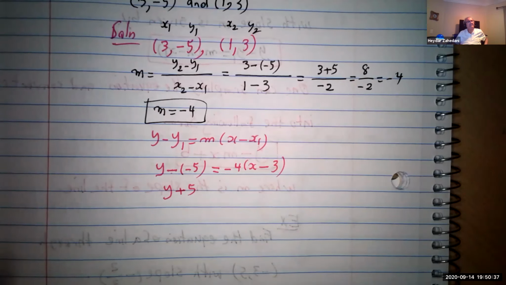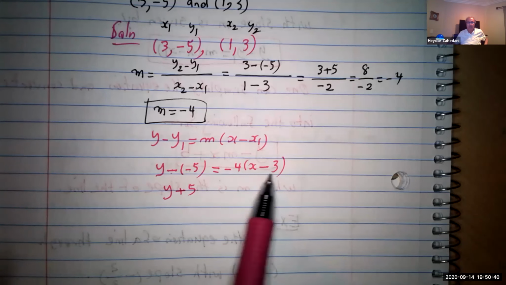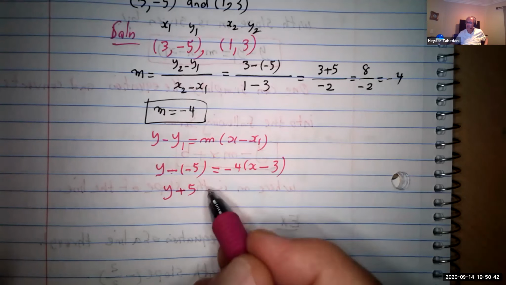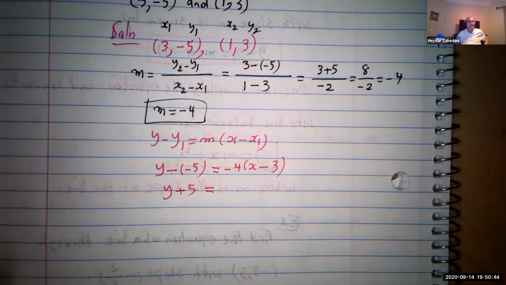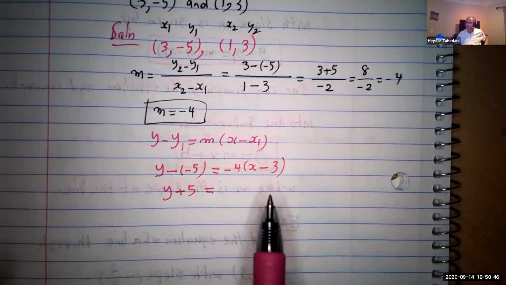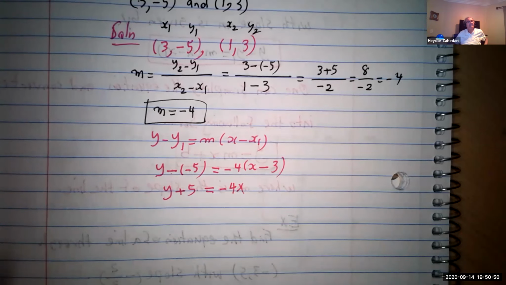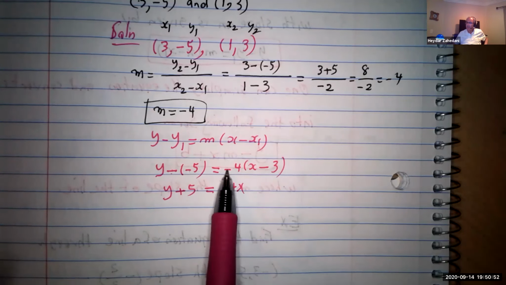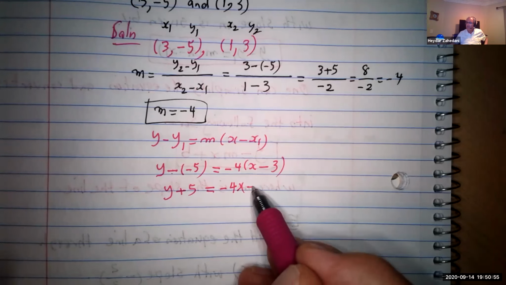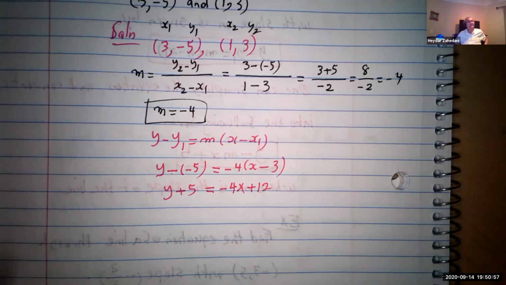Negative, positive. Then you have to distribute negative 4 inside parentheses. So it's going to be equal to, multiply, go forward, negative, positive would be negative, so negative 4x. You come back, repeat it again. Negative, positive, 4 times 3, 12. Okay, we substitute and just keep going.